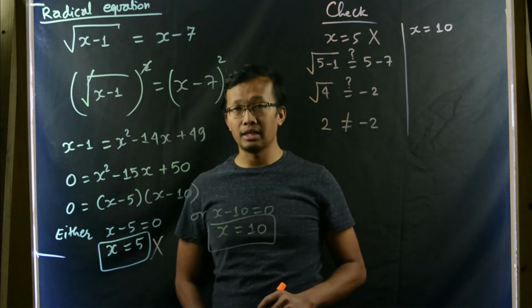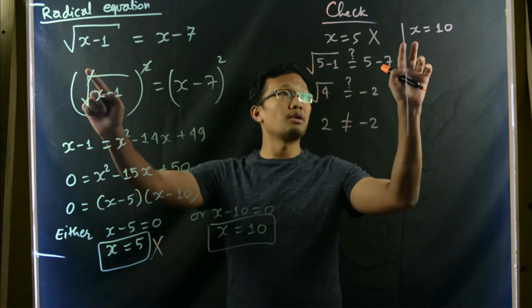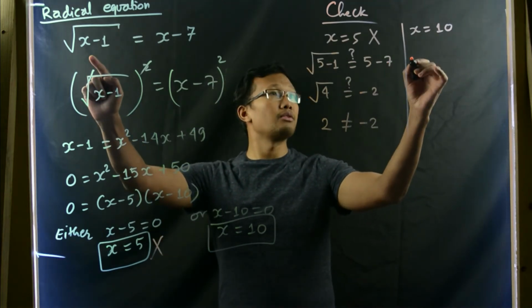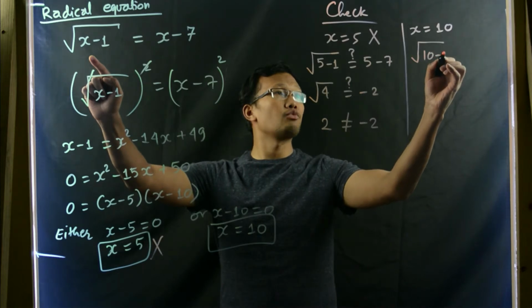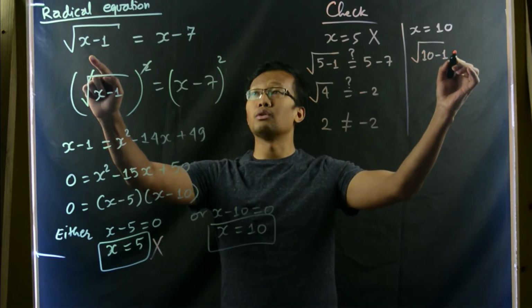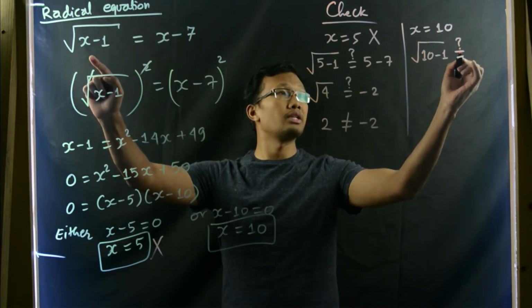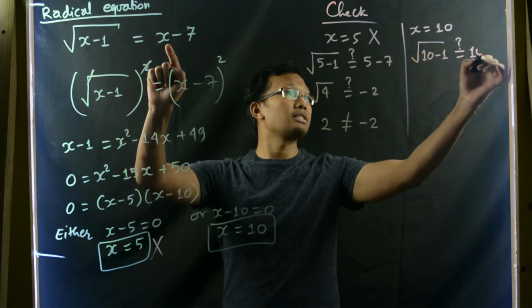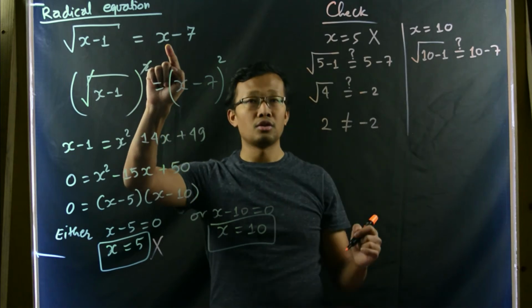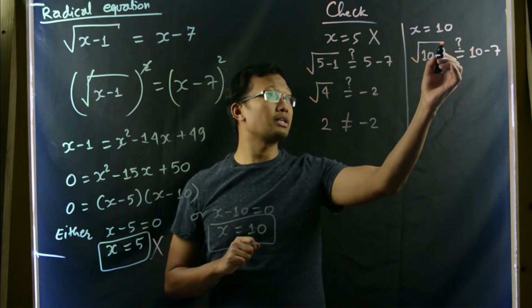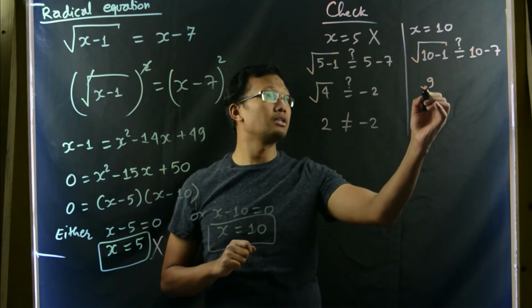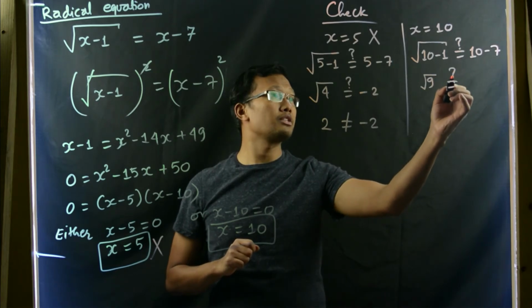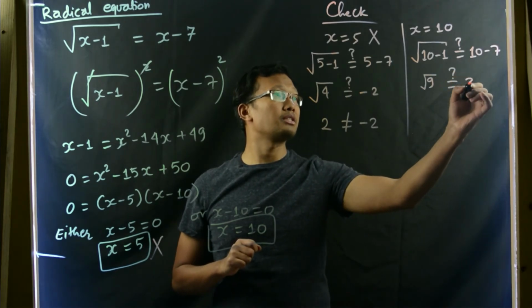Let's check 10. Let us plug in 10 in this equation. So that would be the square root of 10 minus 1 equals, we are not sure whether it is equal or not, x minus 7, which is 10 minus 7. So 10 minus 1 is 9, root 9. And 10 minus 7 is 3.